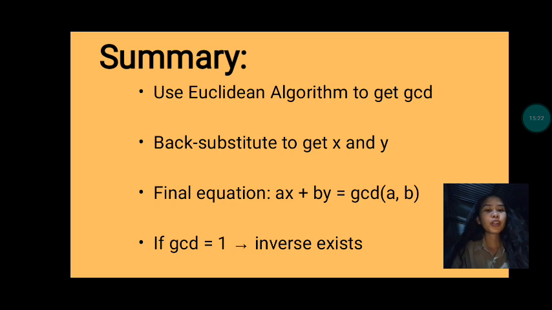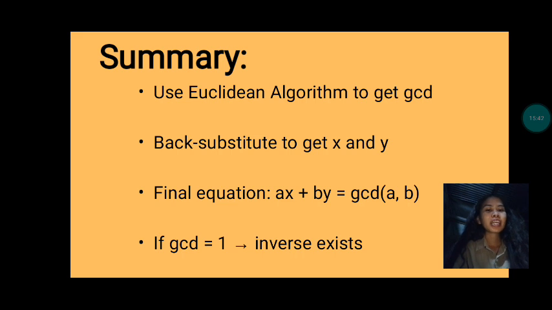Another lesson is that we can always write GCD of A and B as AX plus BY. And third, if the GCD is 1, then A has a modular inverse mod B.